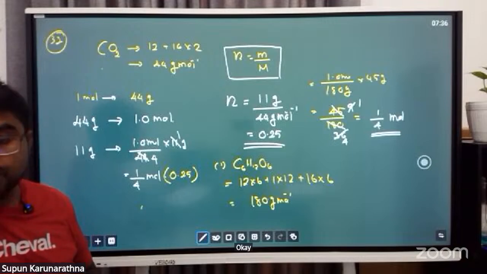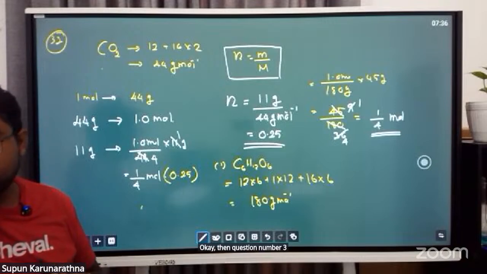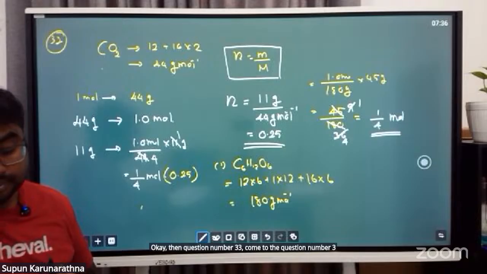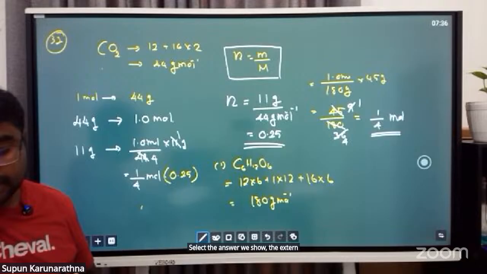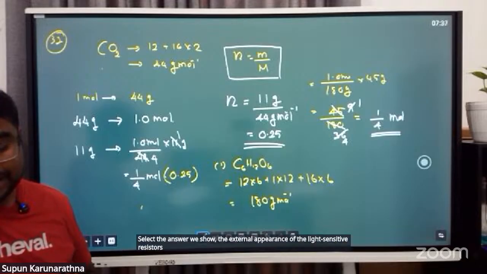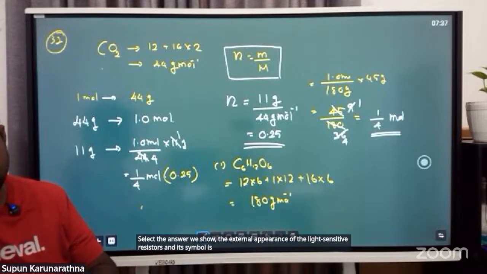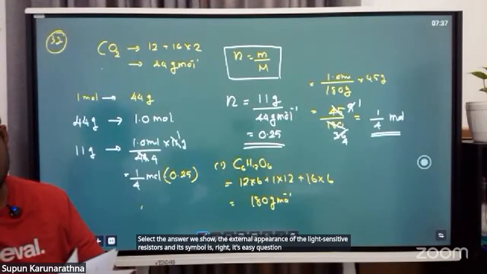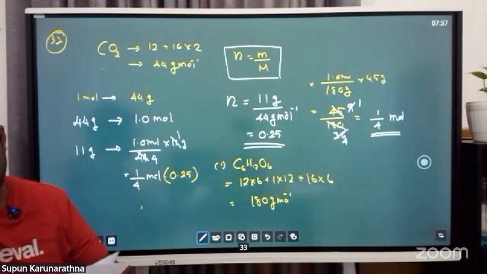Okay, then question number 33. Select the answer which shows the external appearance of the light sensitive resistor and its symbol. It's an easy question, very easy.